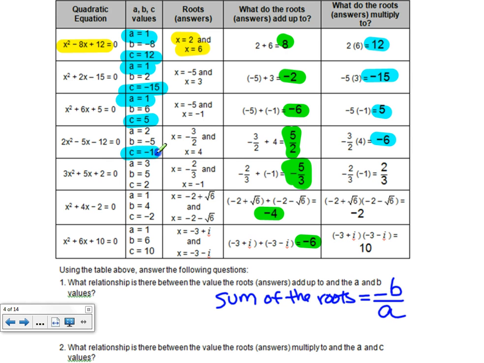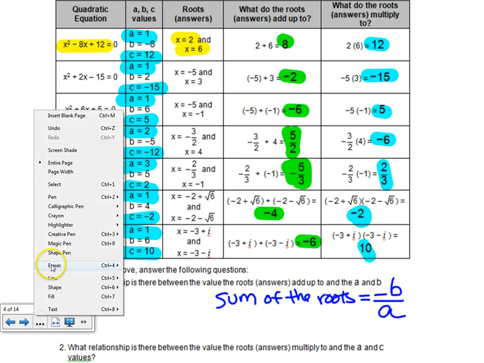When you finally get to this one, negative 12 divided by 2 is your negative 6. 2 divided by 3, there's your 2/3. Negative 2 for the product is your c over a. And finally, your 10 here, there's your 10 over 1. So those are the two relationships we're going to deal with.